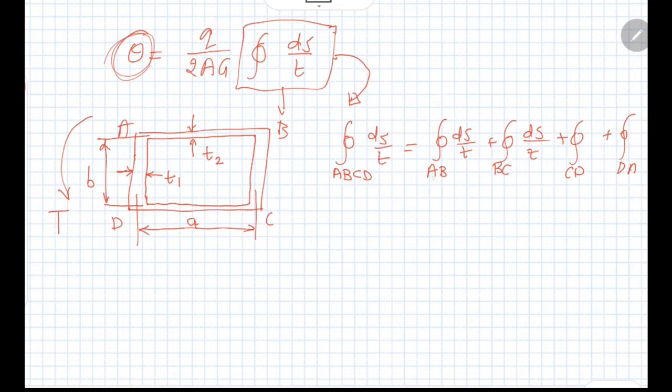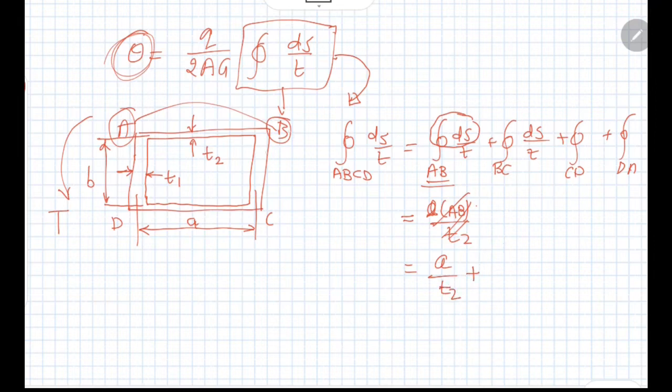Now we know that for the path from point A to point B, the thickness is going to remain constant. So the thickness would be T2, and ds by t is the length of AB, which is nothing but the value a. So this part can be written as a divided by T2.